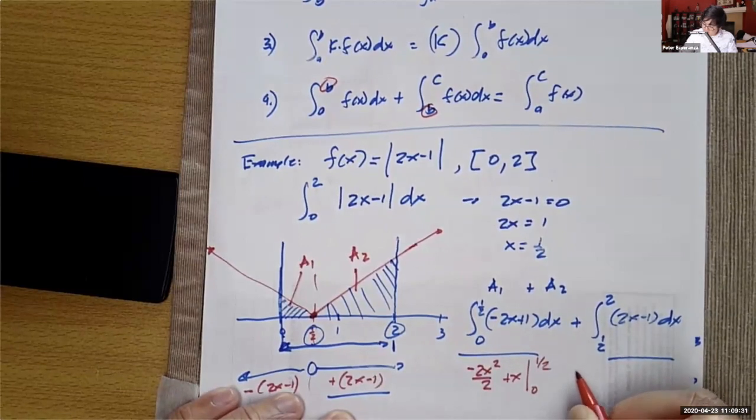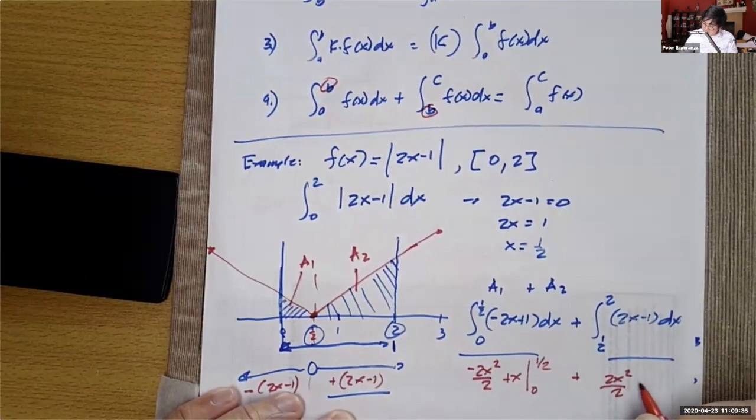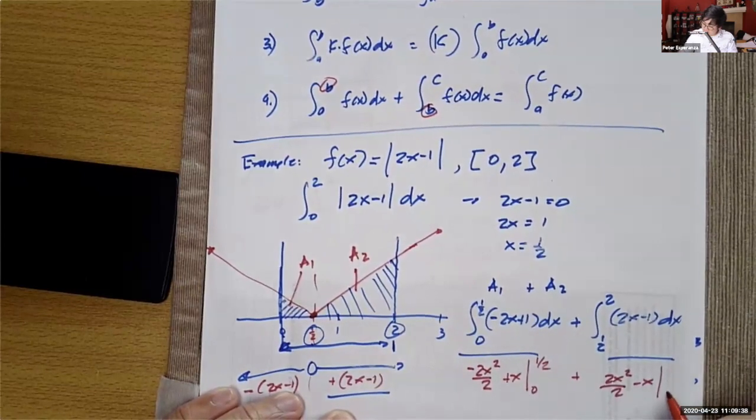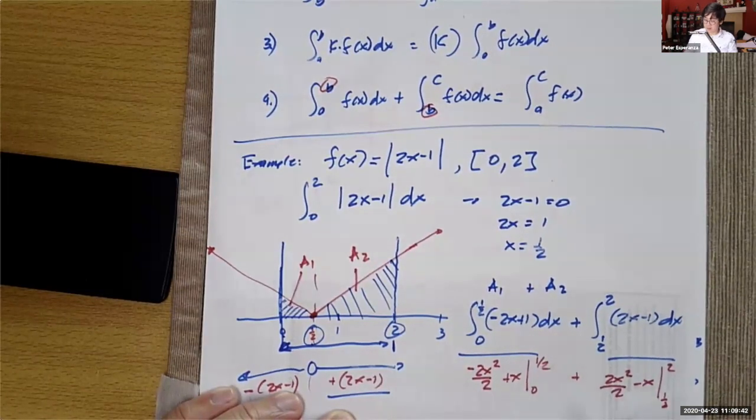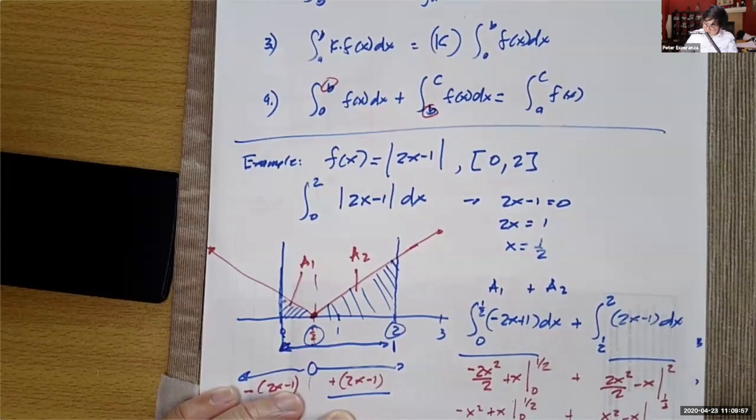And this is going to change into 2x squared all over 2 minus x, evaluated from 1/2 up until 2. If I simplify this, it will be negative x squared plus x evaluated from 0 to 1/2, plus x squared minus x evaluated from 1/2 up until 2.